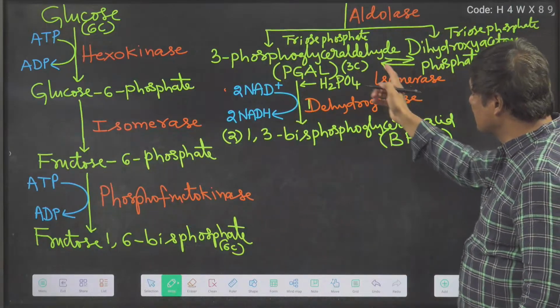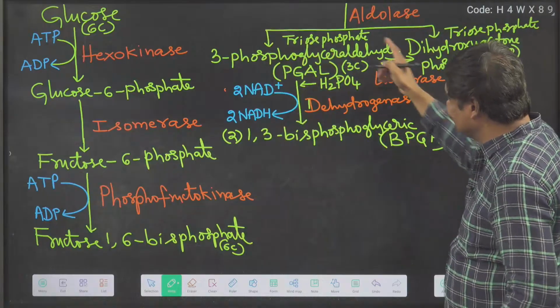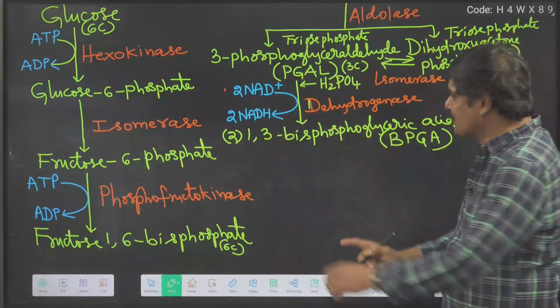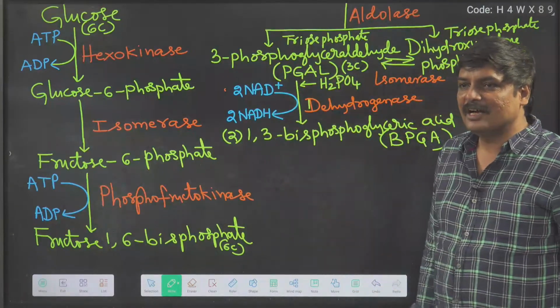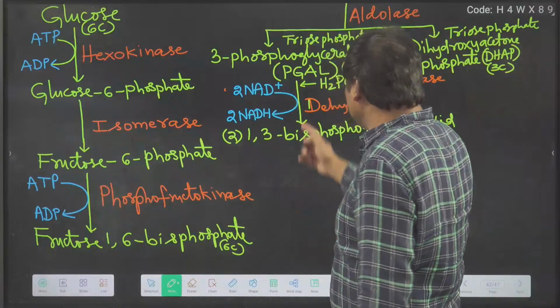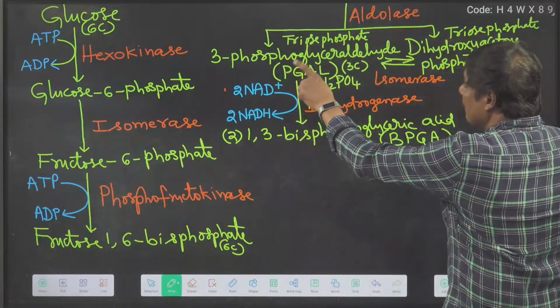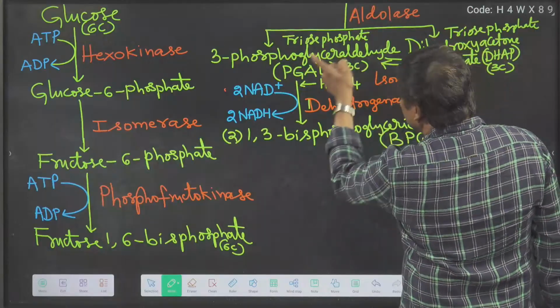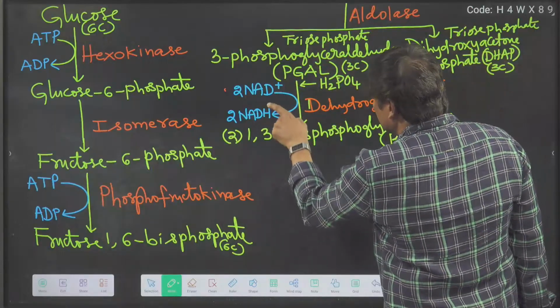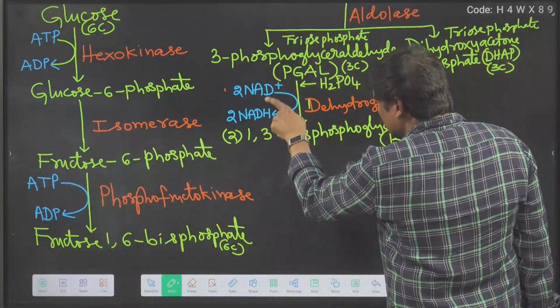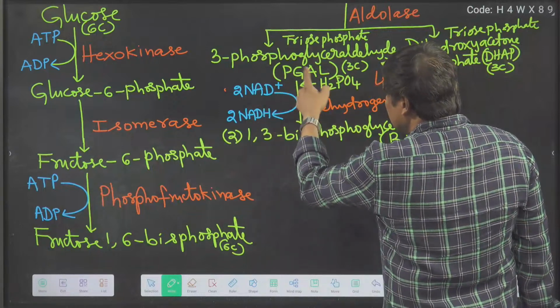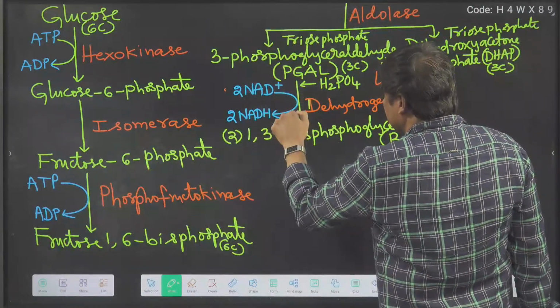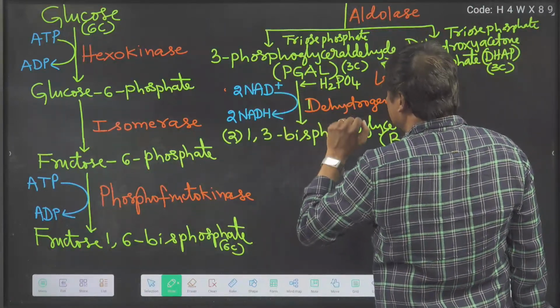This is a complex step. This is the oxidation reaction. So the end product of oxidation is NADH. How many NADH are formed? 2 NADH are formed. Because for one PGAL, 1 NADH, and 1 DHAP, after converting into PGAL, 1 more. Therefore, totally 2 NADH are formed. So the product of oxidation reaction is the NADH.